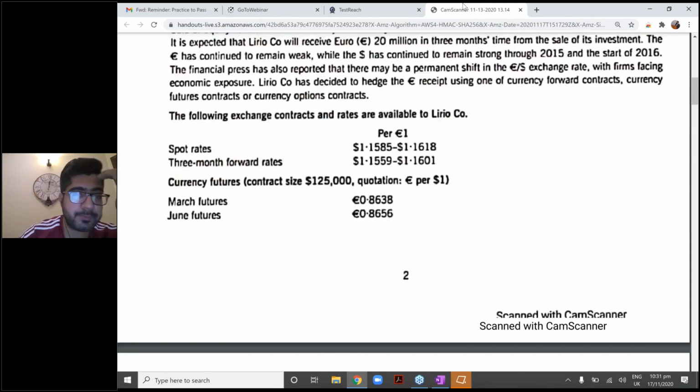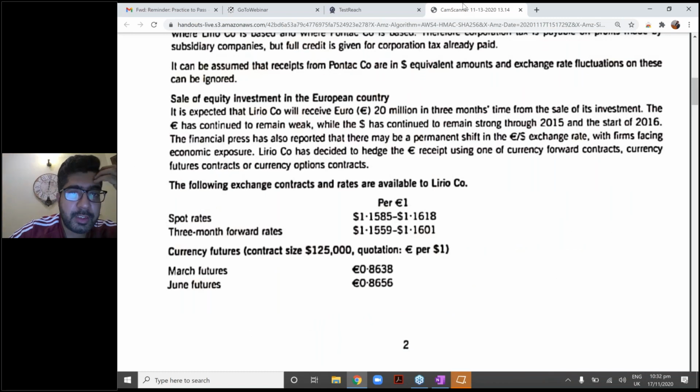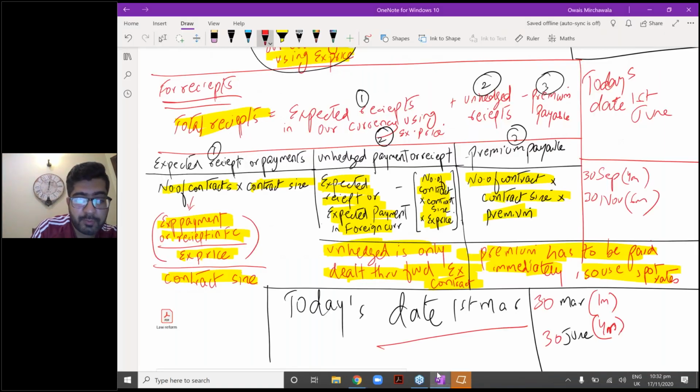Remember, it's 3 steps. The first step: you are receiving 20 million euros in 3 months. So only the 3-month forward rates are relevant, right? If you are receiving 20 million euros in 3 months, only 3-month forward rates are relevant, which are 1.1559 and 1.160.